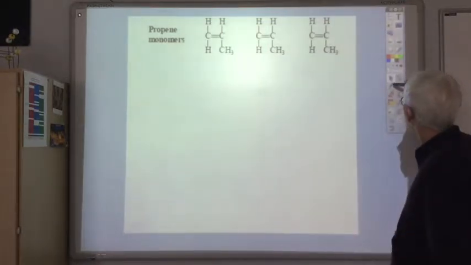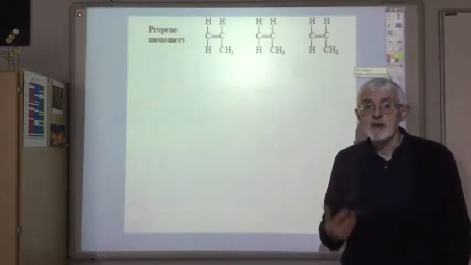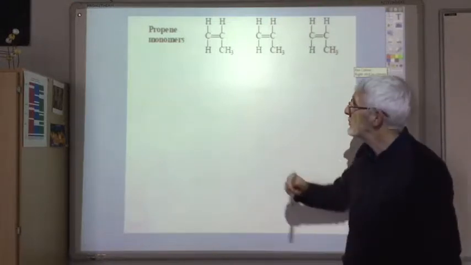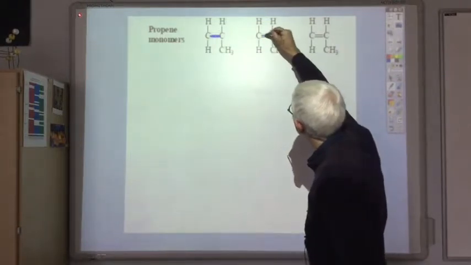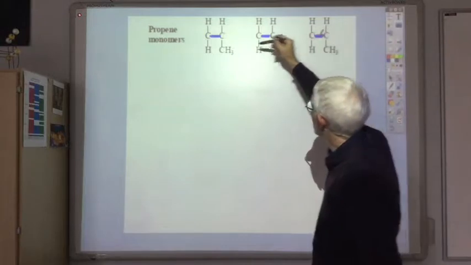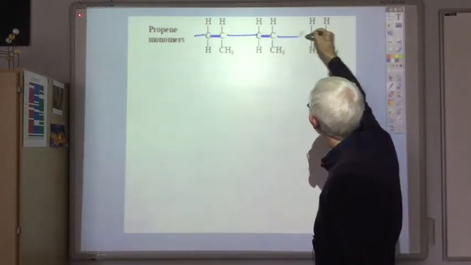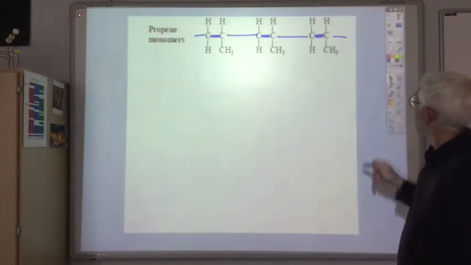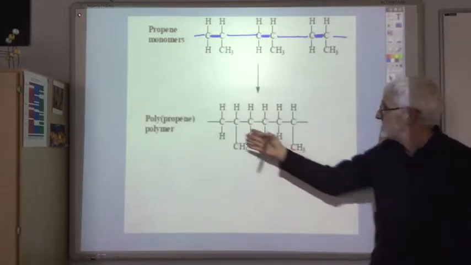So as in all addition reactions, we break the carbon-carbon double bond, reducing it just to a carbon-carbon single bond. So these just become single bonds, leaving a free bond on each carbon, which allows the molecules to join together. So a better drawing of the polymer is this.